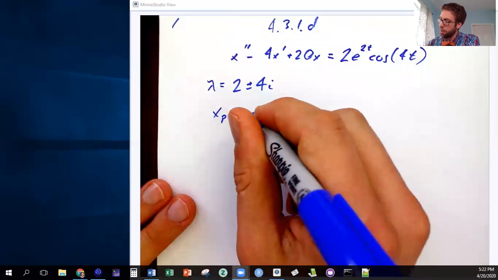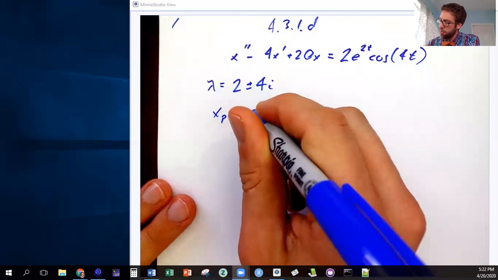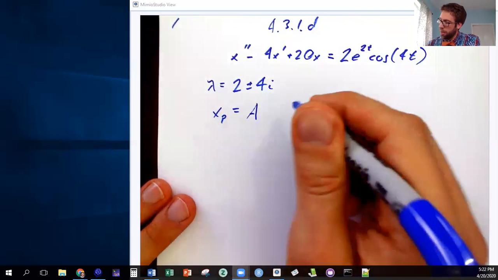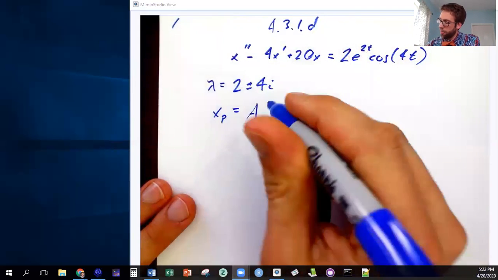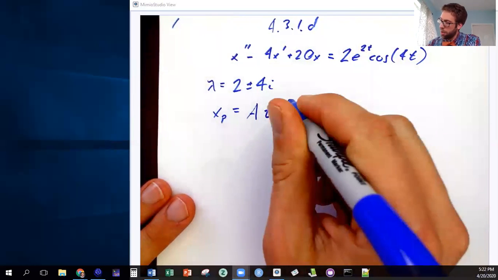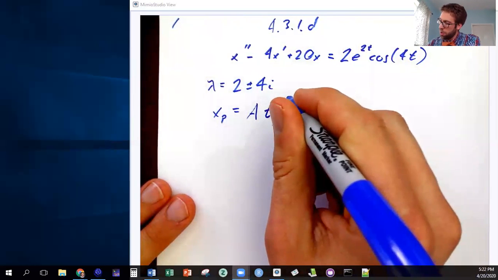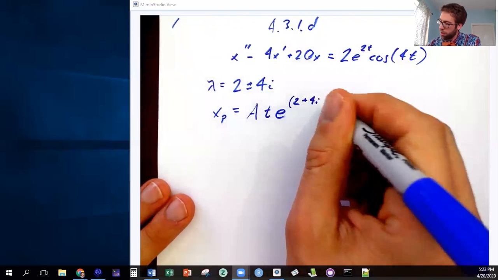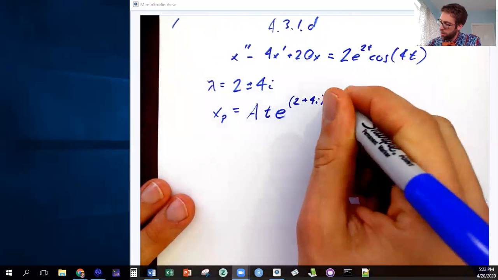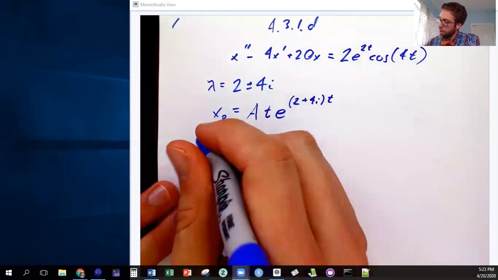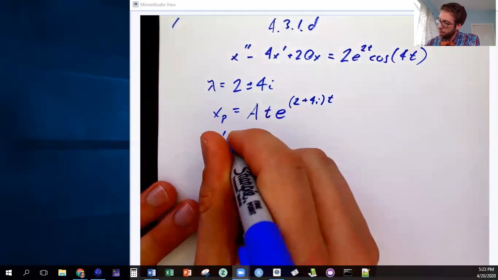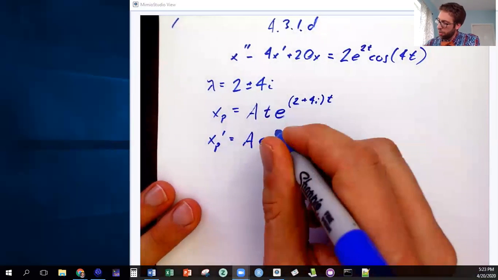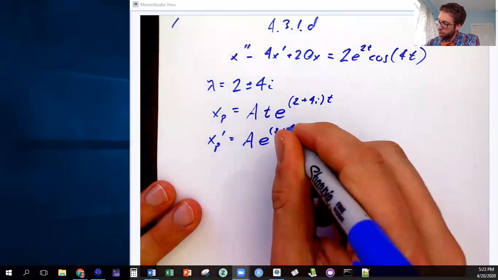So I'm just going to make this a, and then I need a t because that's already one of my eigenvalues. t times e to the, I'll use one of my eigenvalues, 2 plus 4i, t.